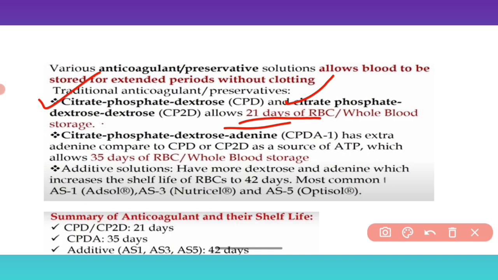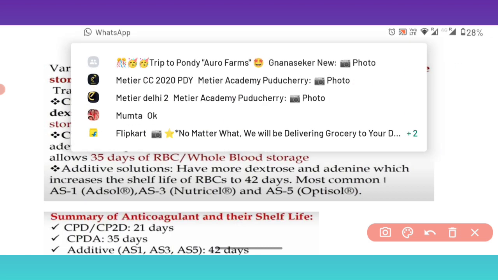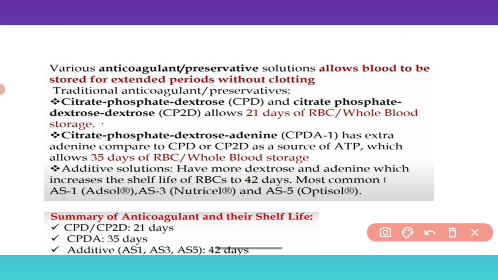Usually it will be added in the whole blood. And the next one is citrate phosphate dextrose adenine, CPDA1. If you add this CPDA1, you can store the blood without any clotting for 35 days. So CPD means 21 days, CPDA1 means 35 days.